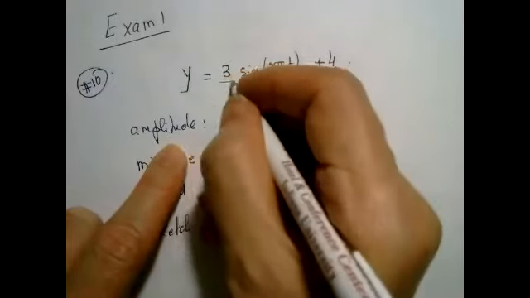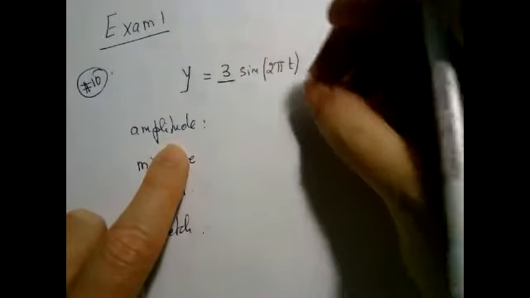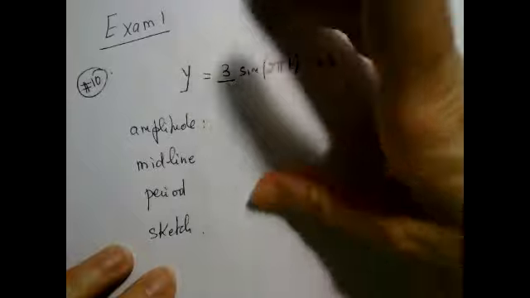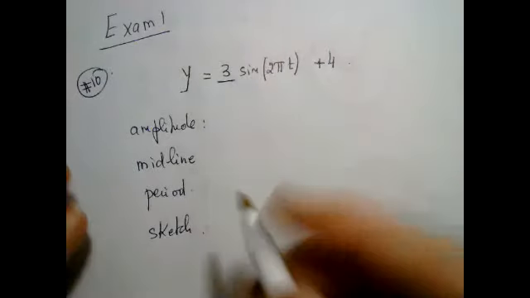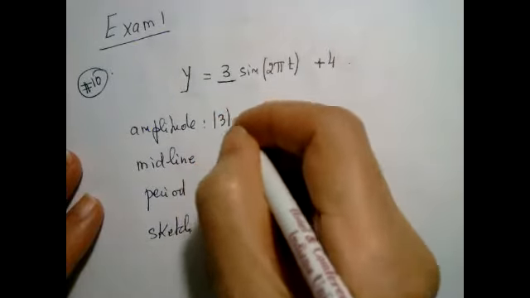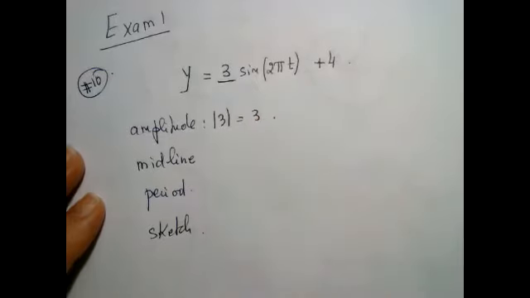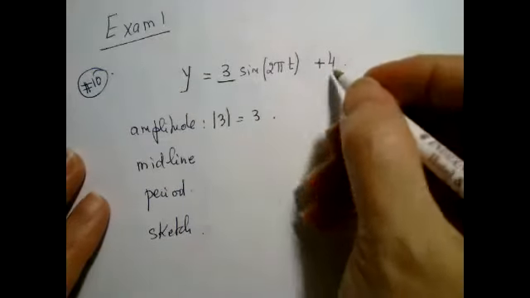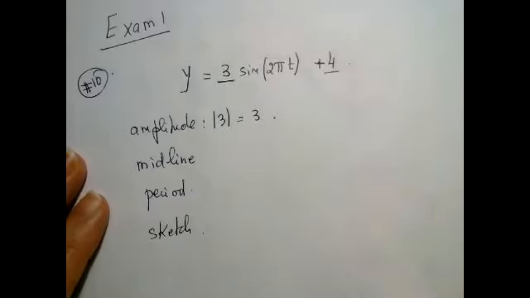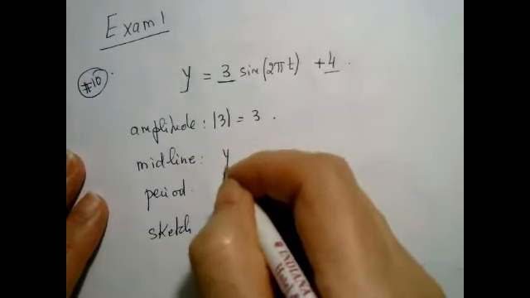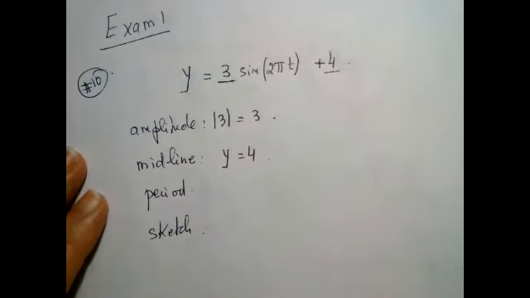The amplitude is what the sine is multiplied by, because multiplying by 3 will stretch vertically. So the amplitude, that's my A, is equal to 3. The midline is by how much we shifted up and down. So the midline here is the line y equal to 4.